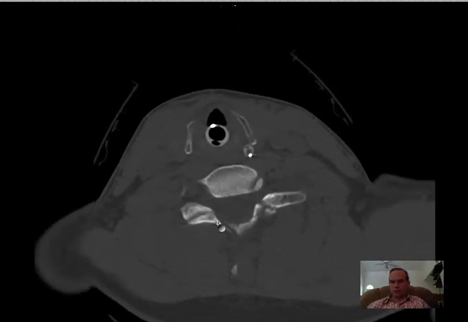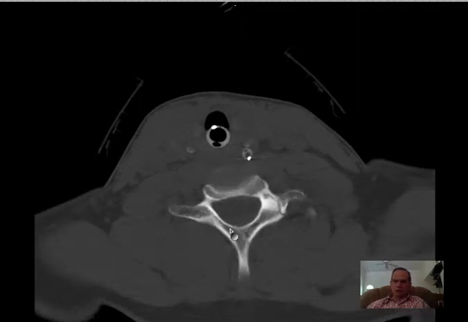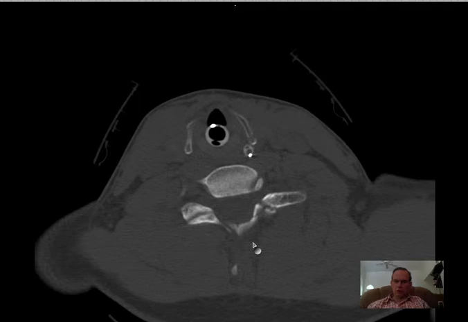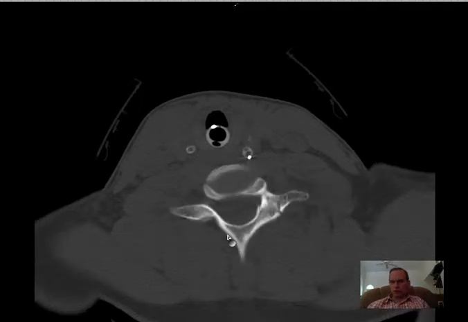This little cleavage here is actually just an artifact of the projection of the C7 and C6 lamina in very close proximity to one another. So here you can see there's one lamina, here's the other.